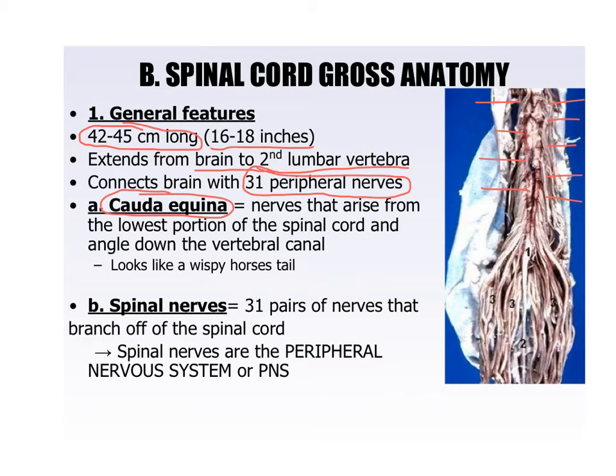And that basically means horsetail, because after the second lumbar vertebra, that solid spinal cord branches off into what looks like kind of a horsetail. And those nerves go on to branch off and connect with like the bladder and your legs and your feet and stuff like that. Now remember, spinal nerves, once again, 31 pairs of nerves that branch off of the spinal cord. That's what makes up your peripheral nervous system, or the PNS.